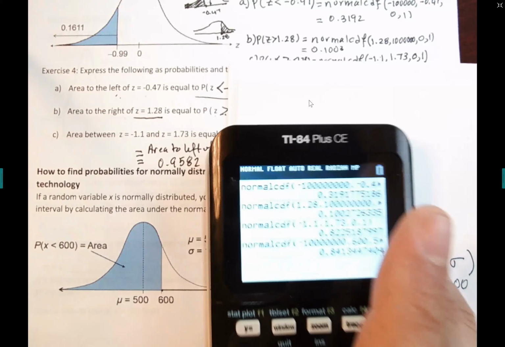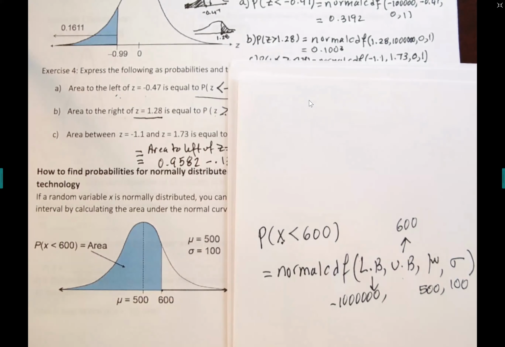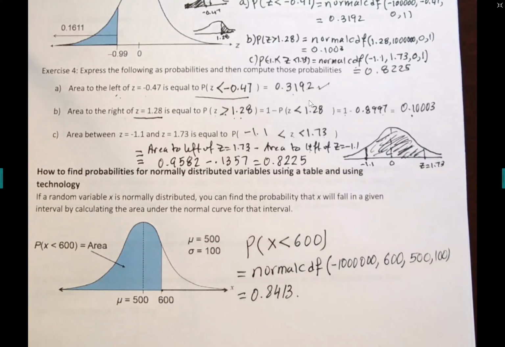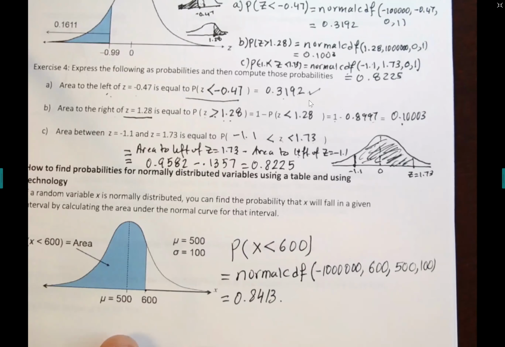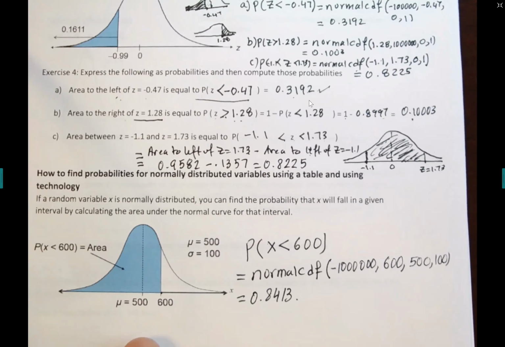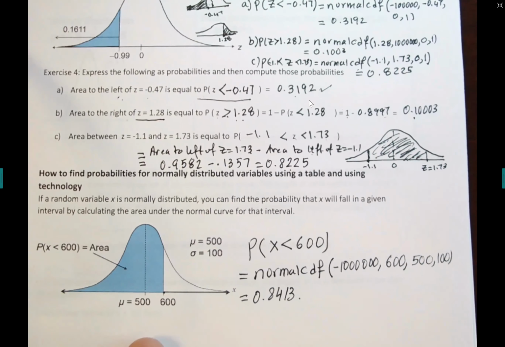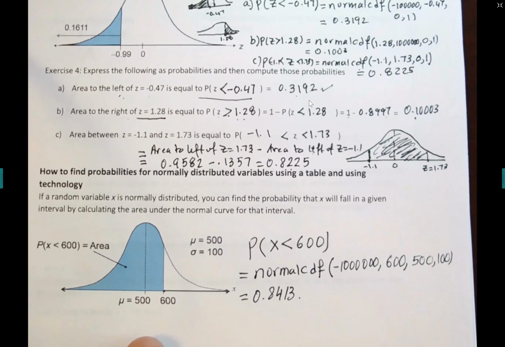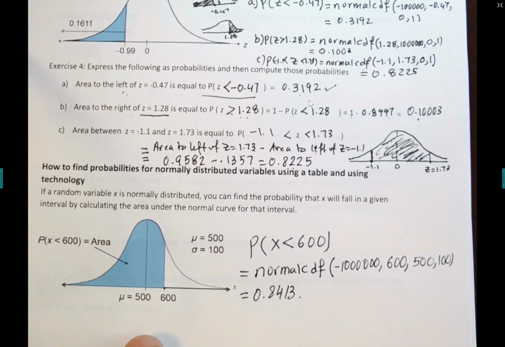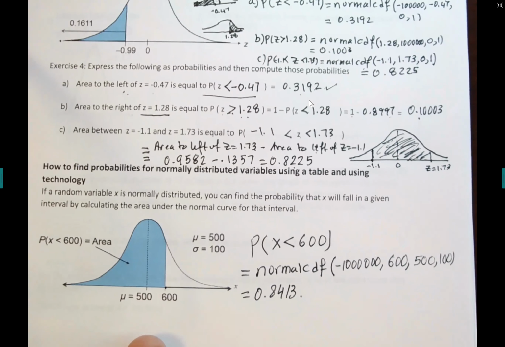And let me show you what I did here. There you go. Normal CDF, negative 1,000,000, 600, 500 for the mean, 100 for the standard deviation. In this order, it is 0.8413.